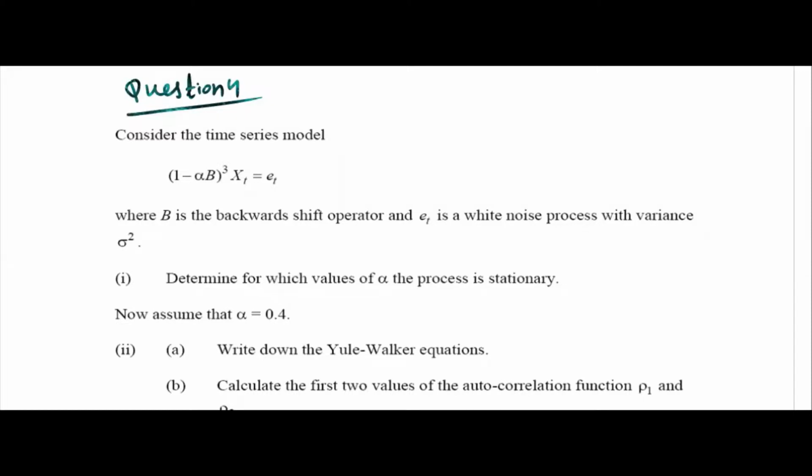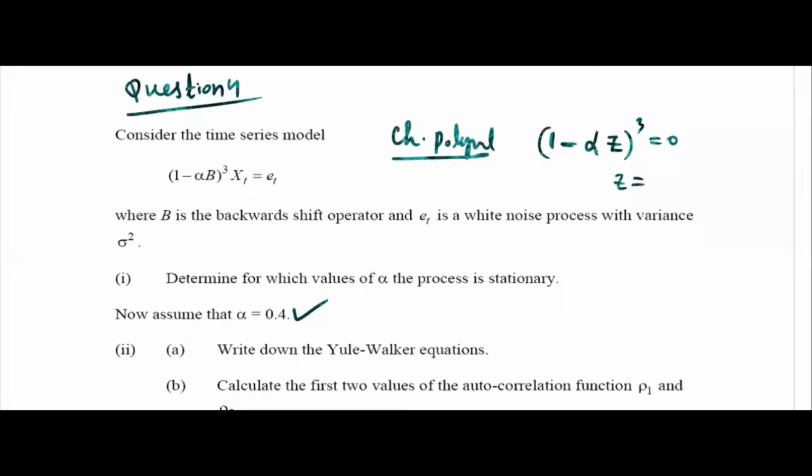That's for sure. Now if alpha is 0.4, then if you put alpha 0.4 here, your characteristic polynomial will be, anyway there is no MA part, I am not discussing that. It will be (1 minus alpha z) power 3 equals 0.